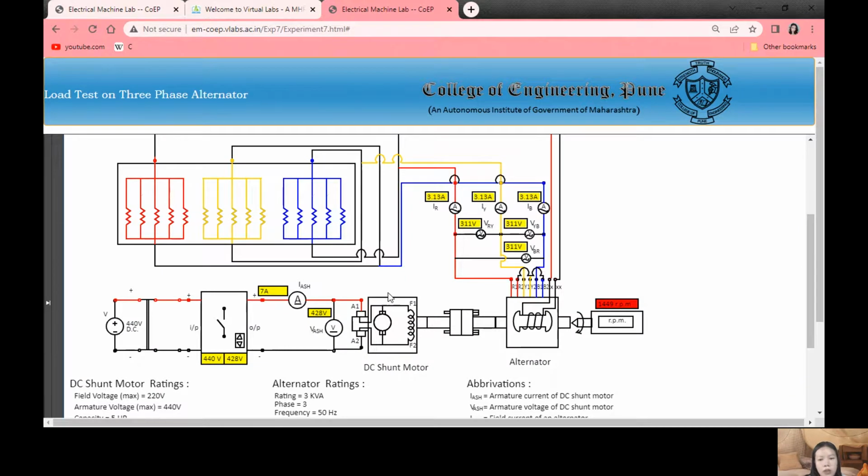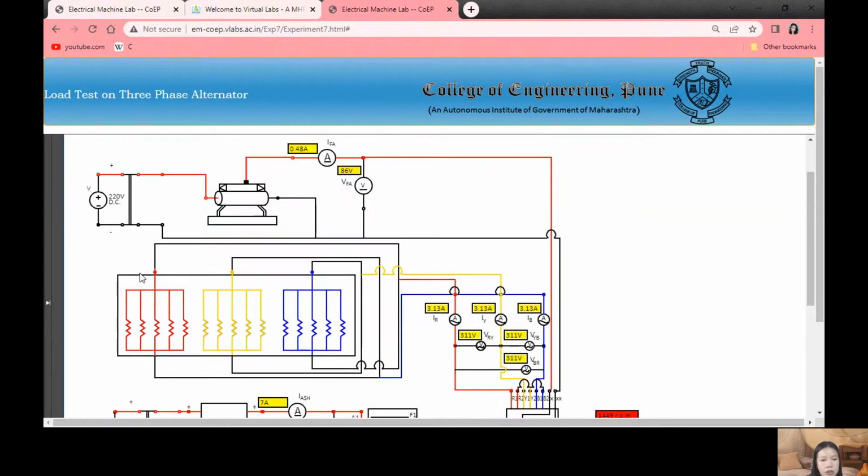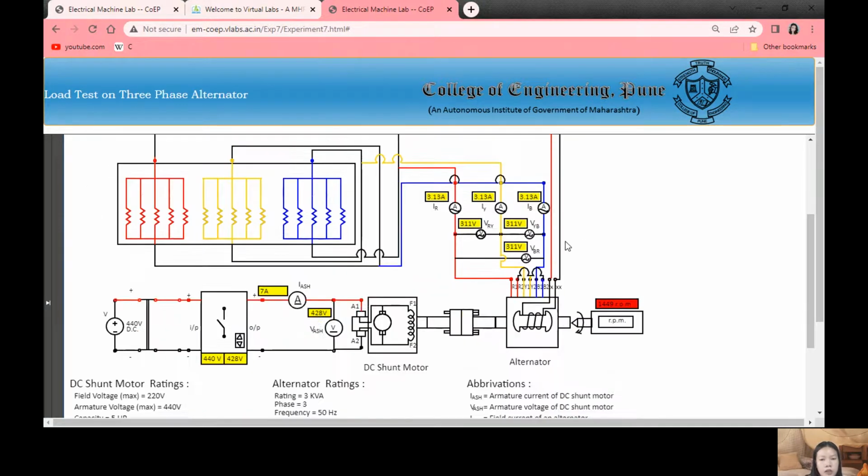So, before tayo pumunta dito sa pag-generate ng graph, tignan muna natin yung circuit natin. Katulad ng sinabi ko kanina, yung field current and field voltage ng alternator is constant siya, 0.48 and then 86 volts. And then, yung mga line current and line voltages natin is nagbago yung value.